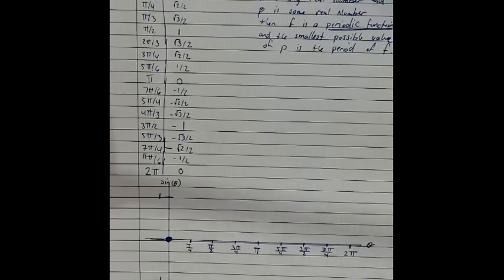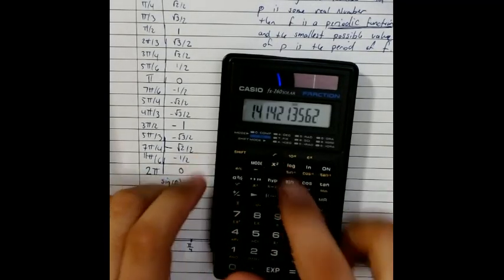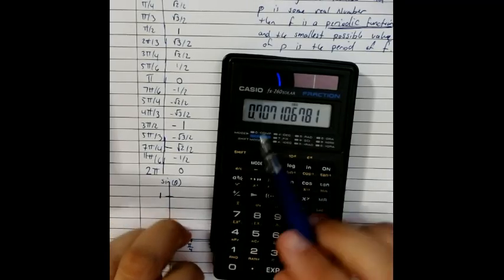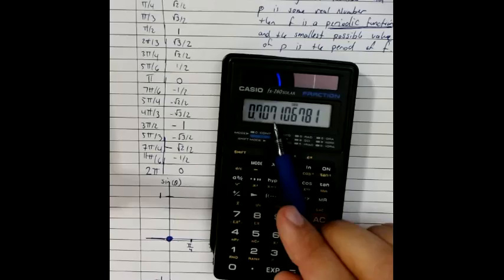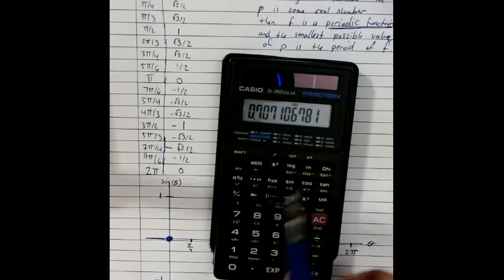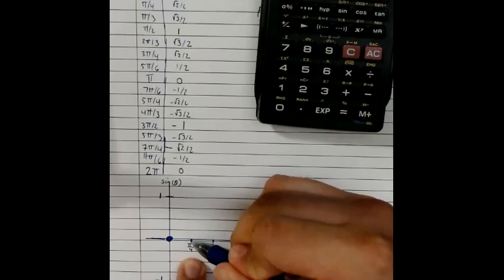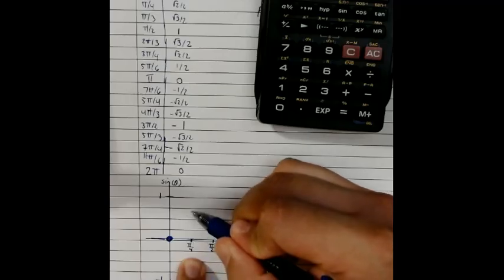Root 2 over 2 is an exact value. However, if we're graphing, we might be better off with a decimal approximation. The square root of 2 divided by 2 is about 0.71, so just under 3/4. If my theta is pi over 4, I'm going to go up almost all the way to 3/4. So right around there.